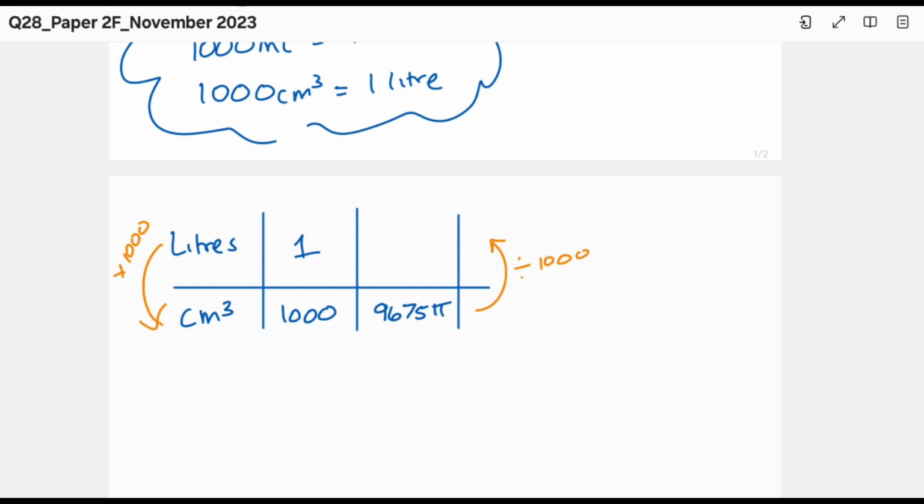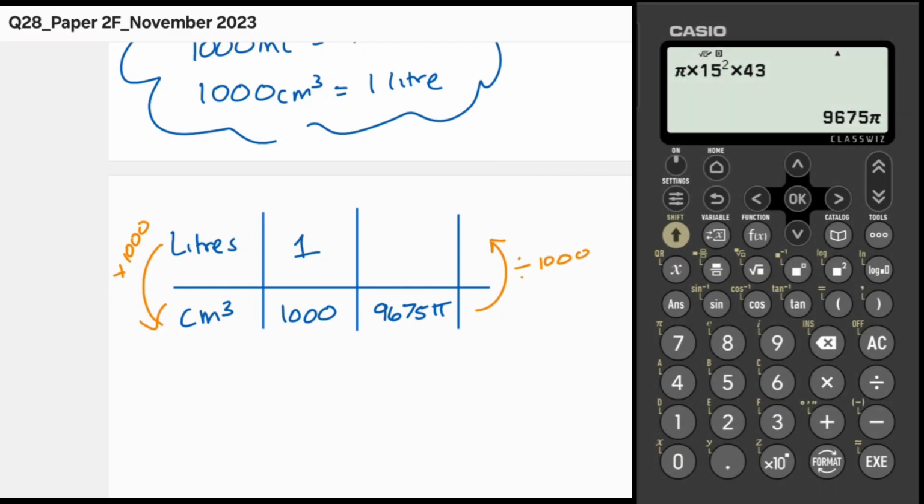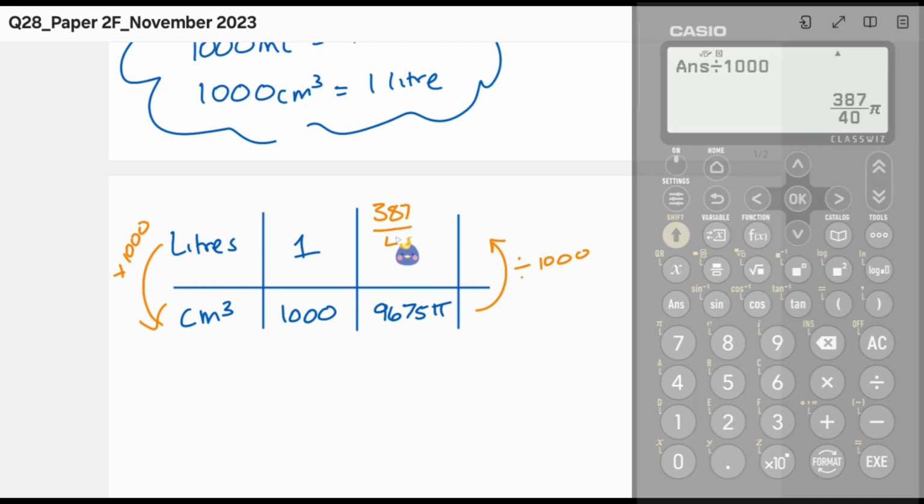Right, so I'm going to go back to my calculator now. I already have the figures 9675 pi from my previous calculation on my screen. So all I need to do at this point is divide by 1,000, and then execute. That would give me 387 over 40 pi.